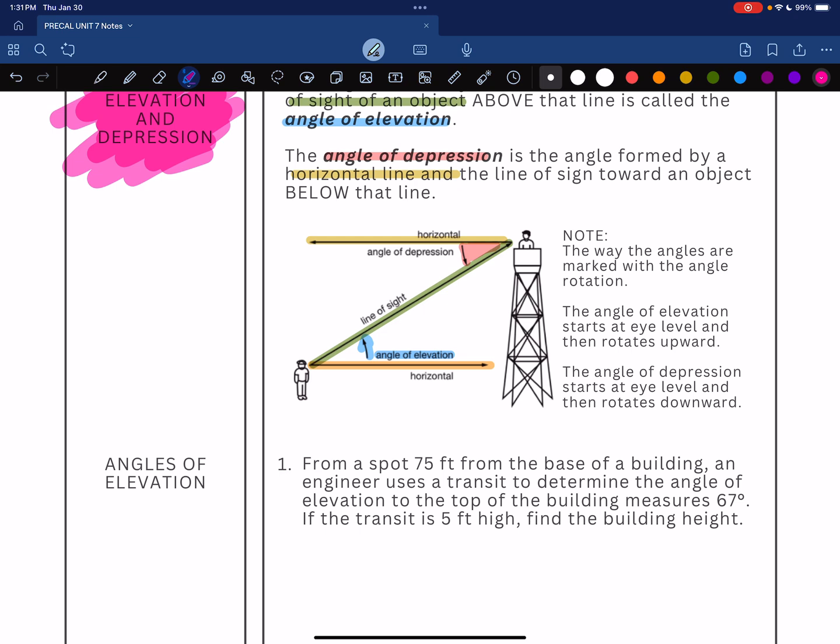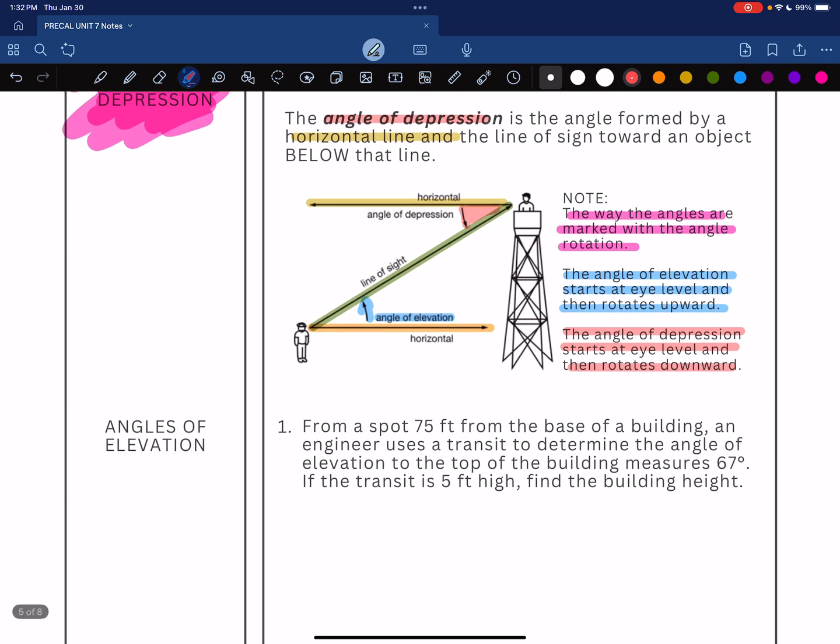Whereas the angle of depression rotates downward. So angle of elevation starts at eye level and rotates up. Angle of depression starts at eye level, rotates down. Big idea that we need to be aware of.